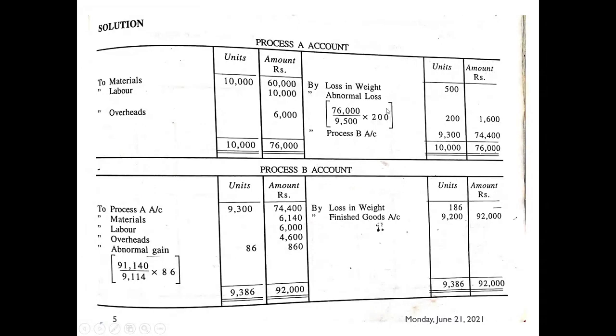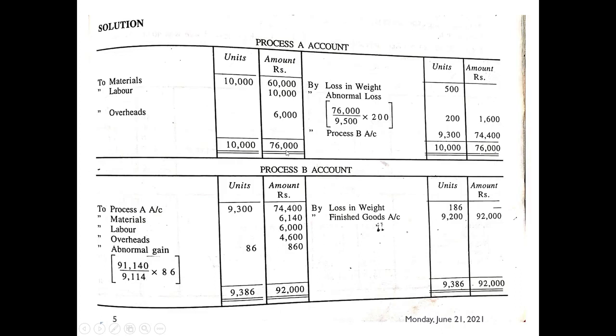Here you write blank, and below you write by process B account, 9,300 units. So first write by normal loss, leave some space in between, and below write by process B account, output is given as 9,300. We don't know anything else.